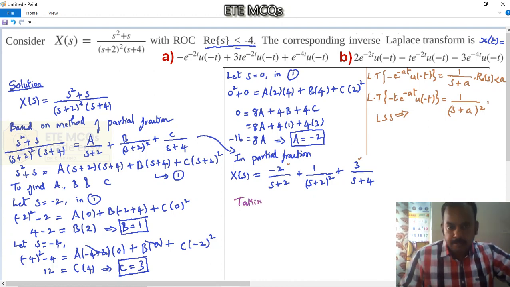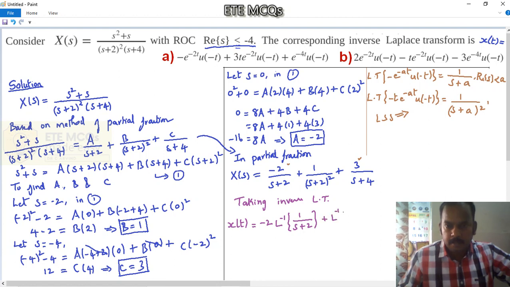Taking inverse Laplace transform, we will get X of s becomes x of t, which is equal to minus 2 is a constant, so here it should be Laplace inverse of 1 by s plus 2, plus Laplace inverse of 1 by s plus 2 the whole squared, plus 3 into Laplace inverse of 1 by s plus 4.